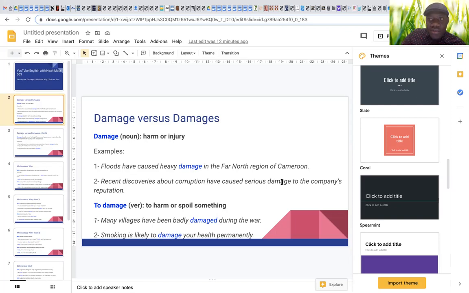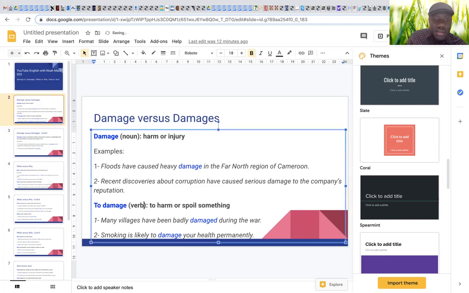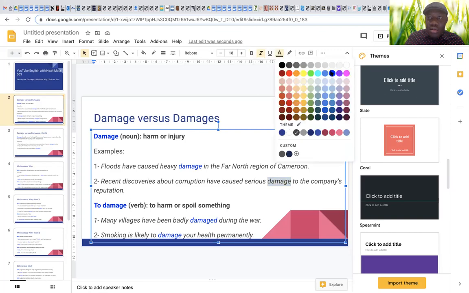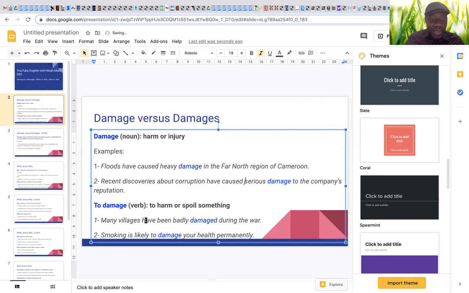And now on to the verb. The verb is to damage, and it means to harm or spoil something, okay? Just a minute, let me put damage in the other example in color before we continue. Okay, good.